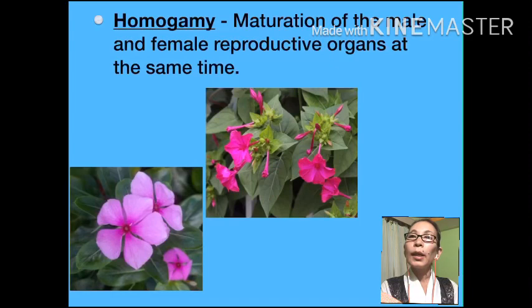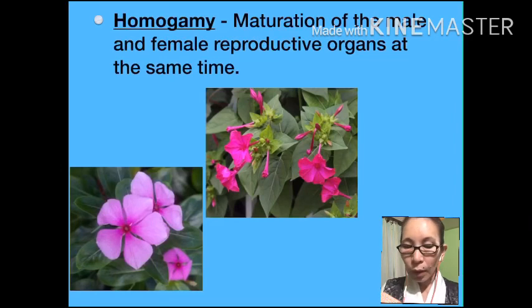And this is the simultaneous maturation of the male and female reproductive organs. A mature pollen lands on the mature stigma of the same plant, which thereby allows successful self-pollination. And such pollination is seen in plants like Vinca rosea and Mirabilis. Now, what are the advantages of self-pollination?